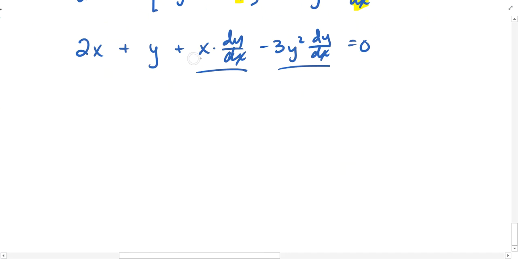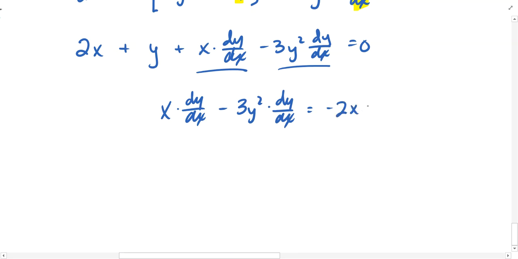So I'm going to move the 2x and this y to the other side of the equation. I'll do this in a second step. So we've got x times dy/dx minus 3y squared times dy/dx, and that equals negative 2x minus y.